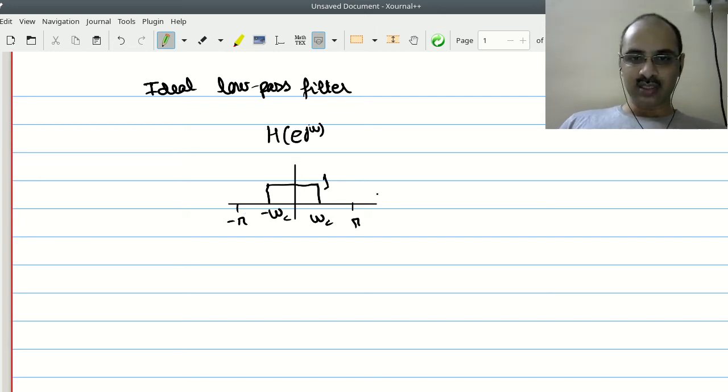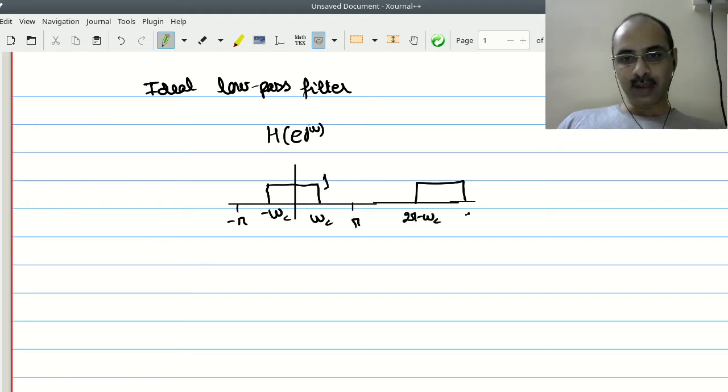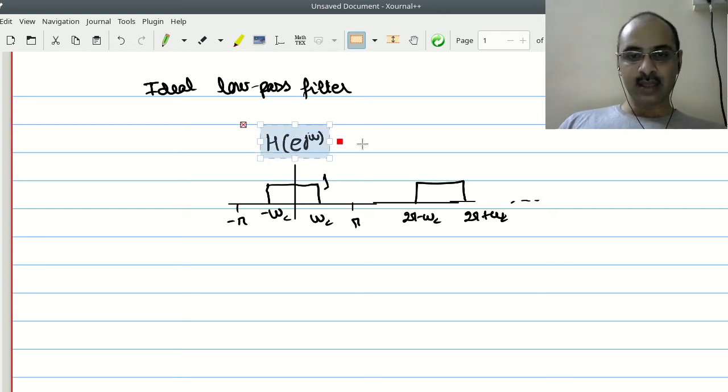Of course, this repeats, and if you extend, you will find that again it is 1 between 2 pi minus omega c and 2 pi plus omega c, and so on. So whenever we talk about the DTFT, implicitly we will keep in mind its periodicity. That is something which I urge you to never forget.